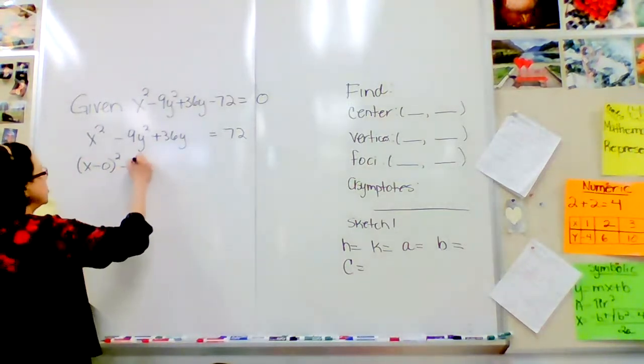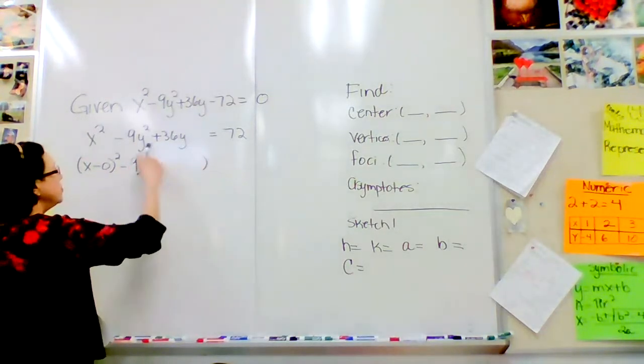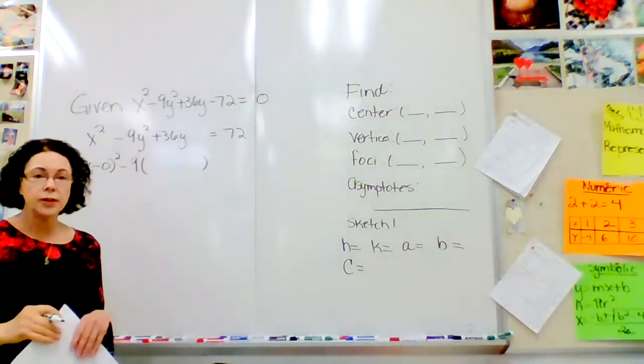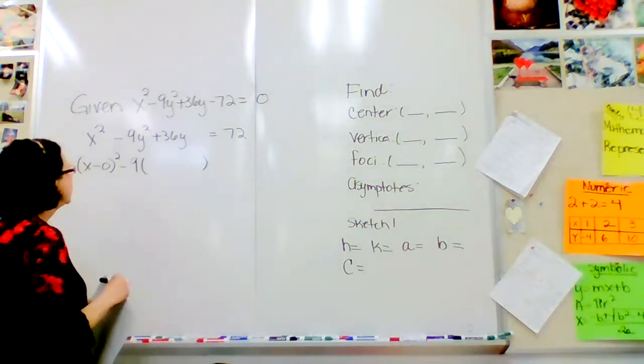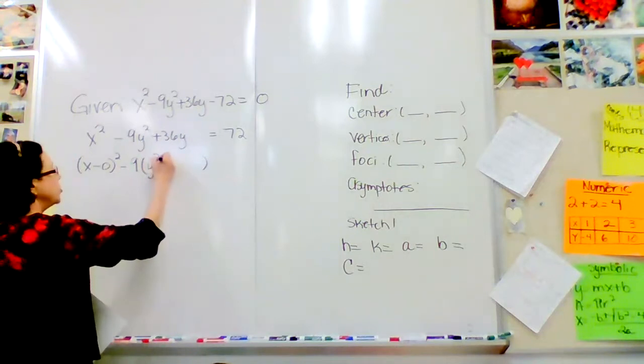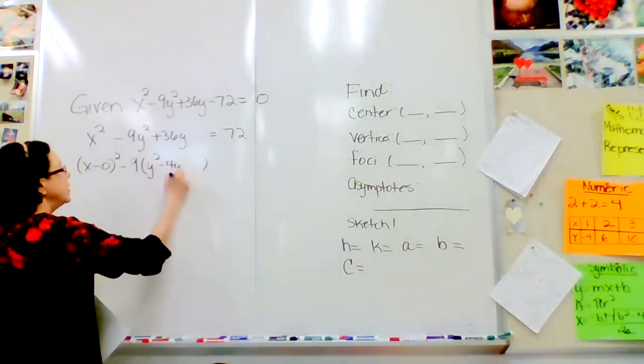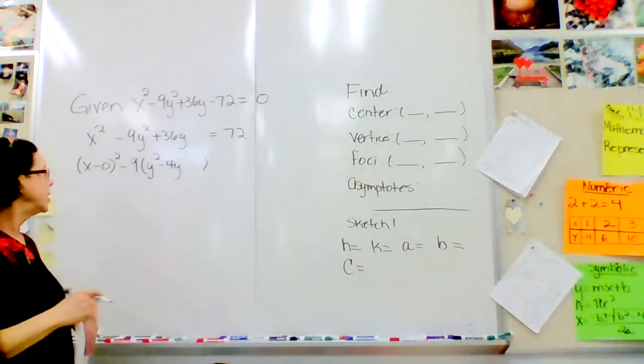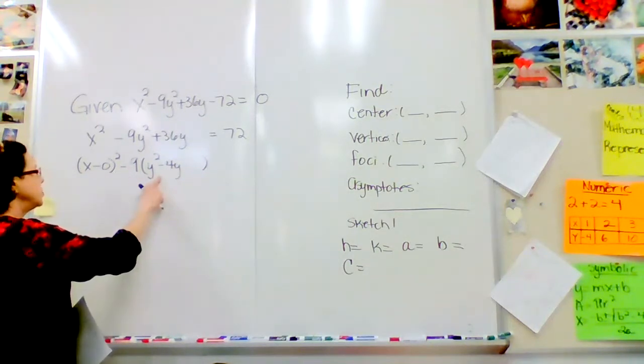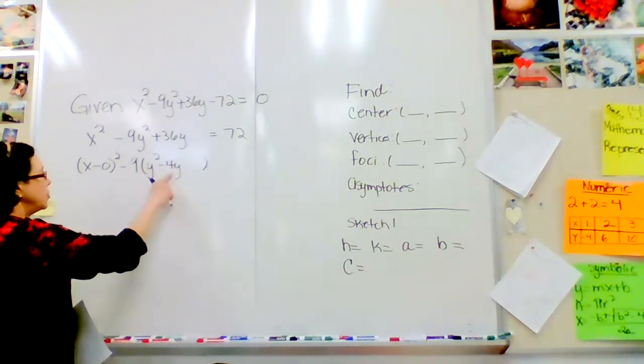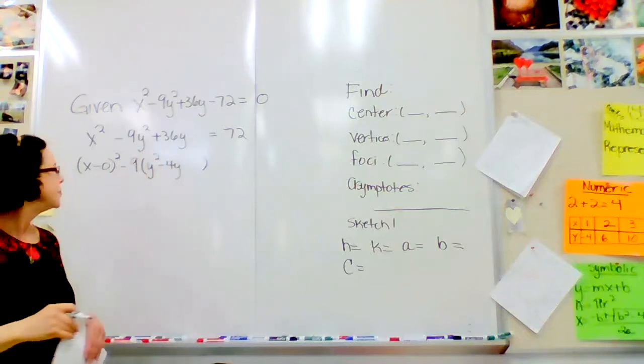I am going to factor a negative 9 from both y terms, which will leave a y squared. You have to be a little careful here. That will leave a minus 4y in parentheses. Notice if I multiply the negative 9 out to both terms, I get the same as above.